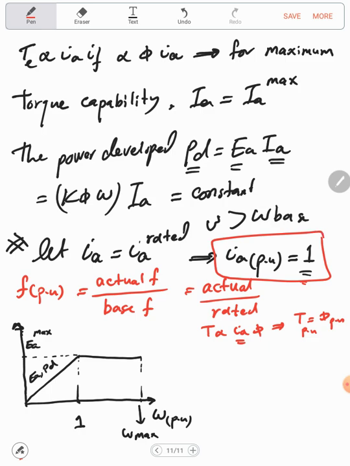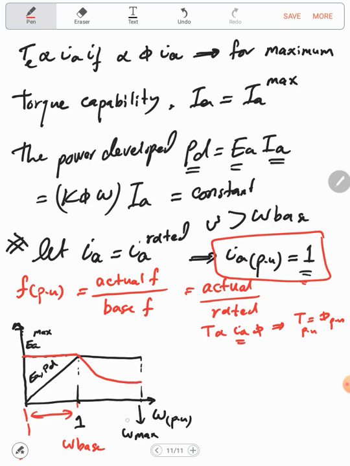Now, for the torque and the flux from 0 speed to the base speed, omega base here, the flux must be constant and the torque will be constant. That's why we call this the constant torque region. And after that, the flux will be reduced, the flux will be weakening, so the torque will be weakening.